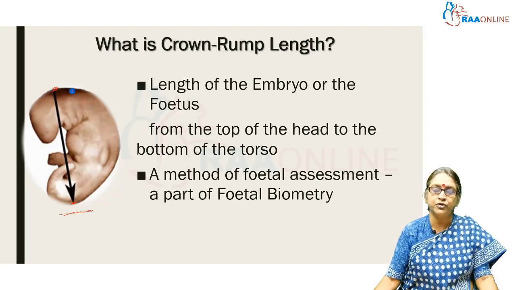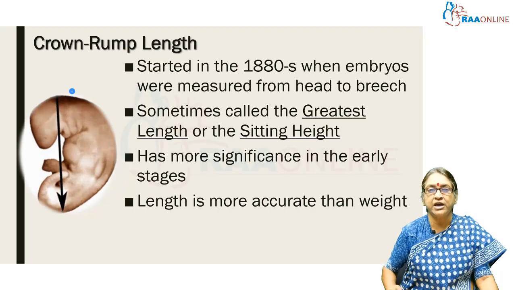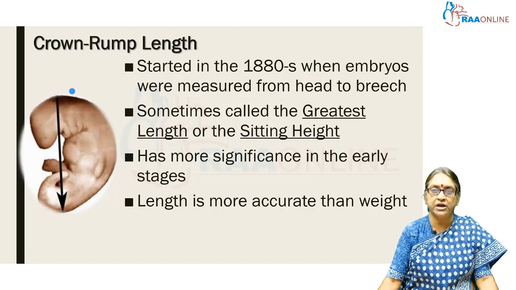This is a part of the fetal biometry, a method of fetal assessment. We all know that the fetal age will have to be determined, and CRL is one of the parameters by which the fetal age is determined.